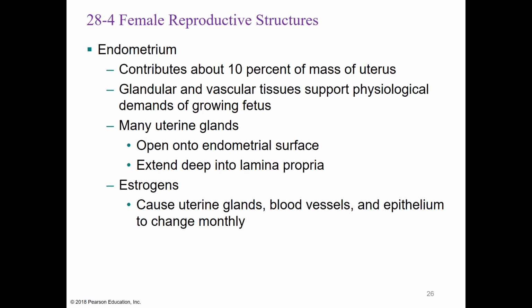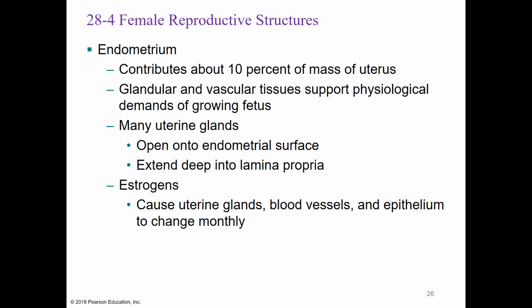There are many uterine glands in the endometrium that open onto the endometrial surface and extend deep down into the mucosa, directly into the lamina propria, which is a layer of connective tissue under the mucosal lining.